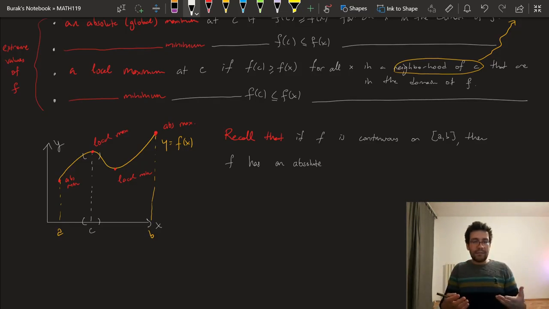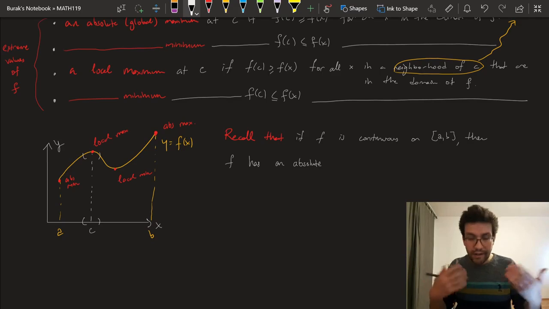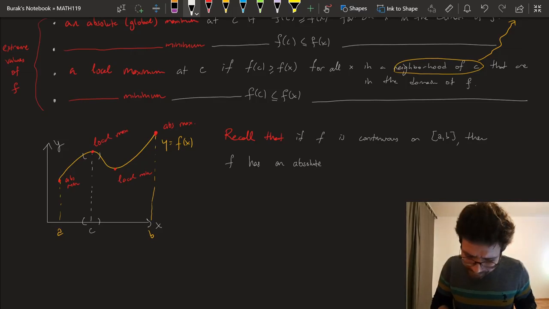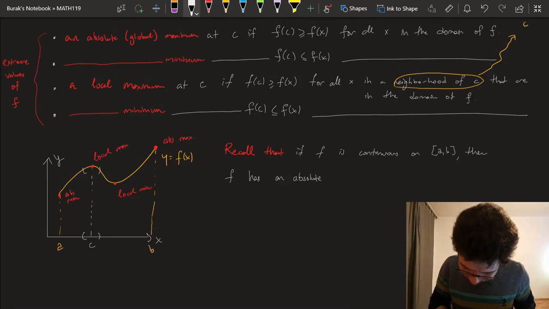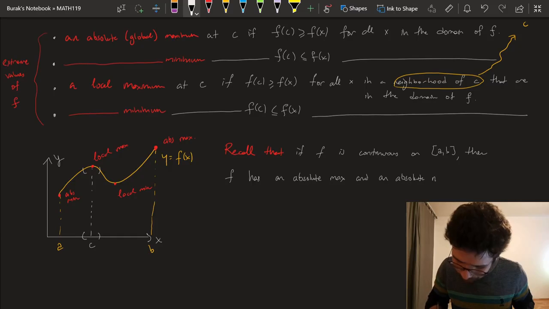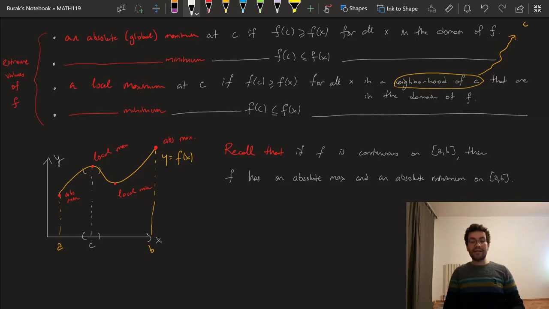While talking about maximums and minimums, if I don't specify an adjective for maximum, like if I don't say global or local, you're supposed to understand global. Okay, if I simply say a function has a maximum, you're supposed to understand a global. So f has an absolute maximum and an absolute minimum on ab.